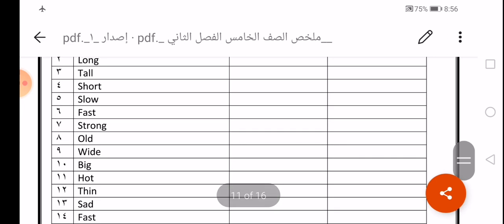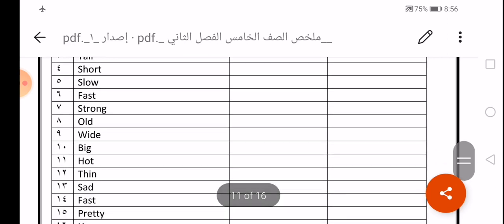Number 5, slow, slower, slowest. Number 6, fast, faster than, and fastest. Number 7, strong. Between two, stronger than, and comparing three we are going to write strongest.